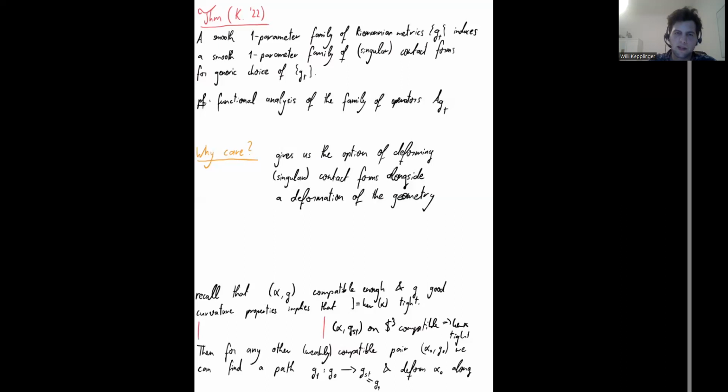Before I get to that, let me say, if no singularities occur along this one parameter family, so if we have a path of Riemannian metrics that takes some initial metric to some final metric, and we deform some weakly compatible alpha 0 along this path, and furthermore alpha t is non-singular for all t in this interval, then this implies by Gray stability that the kernel of alpha 0 is isotopic to the kernel of alpha 1.